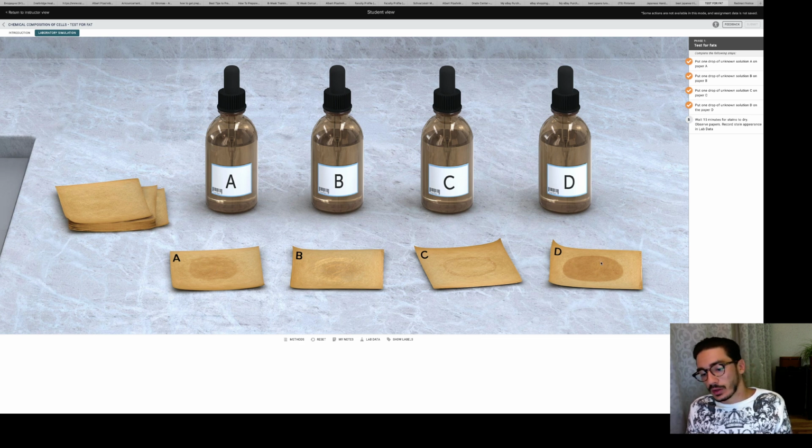This looks exactly the same as when you drop a piece of cheesy pizza on your white t-shirt, and you have that spot. This substance has something, but it doesn't look like oil. It has something that dried on the surface, and this one doesn't have much of anything, probably water.